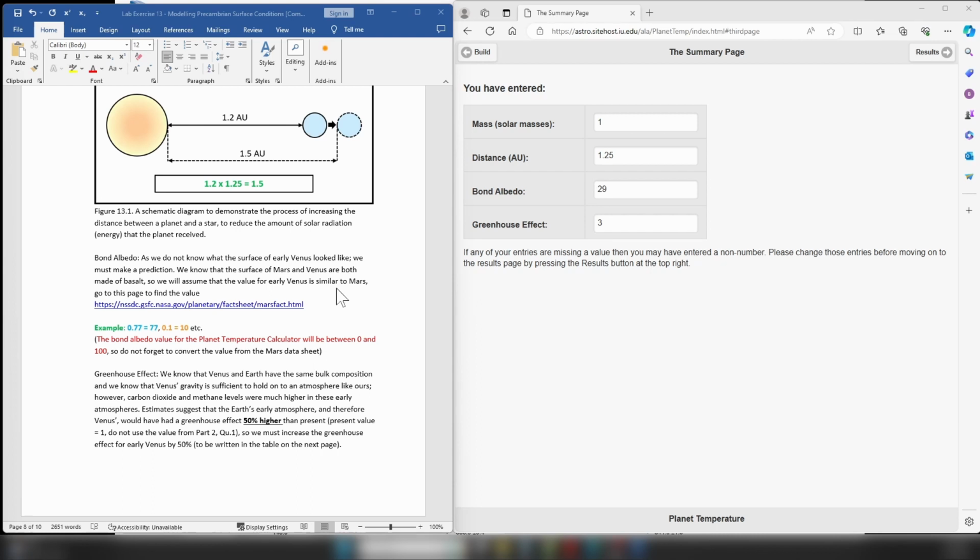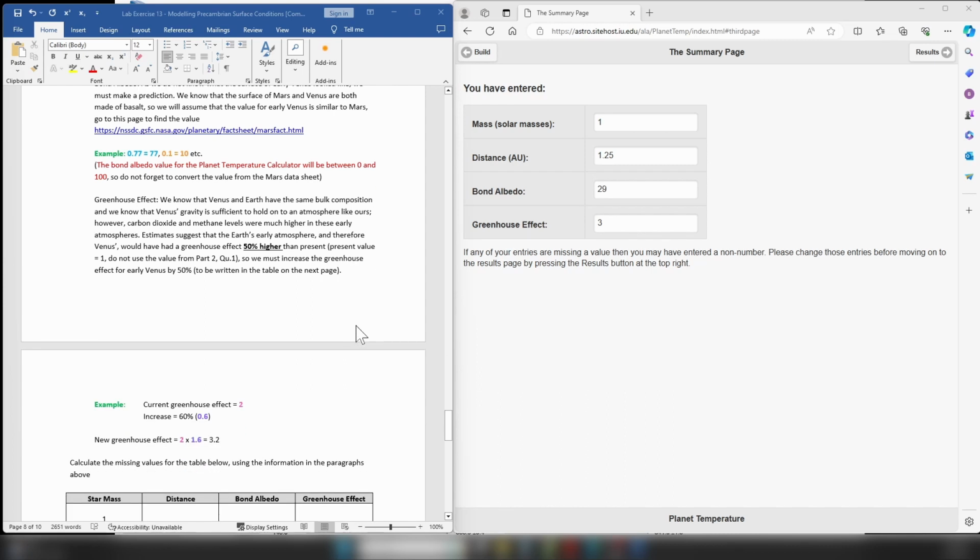All right, so now we've done mass, we've done distance, we've done bond albedo. The final variable is the greenhouse effect. So this one is also pretty difficult to estimate because we can't be 100% sure what Venus's early atmosphere was like.